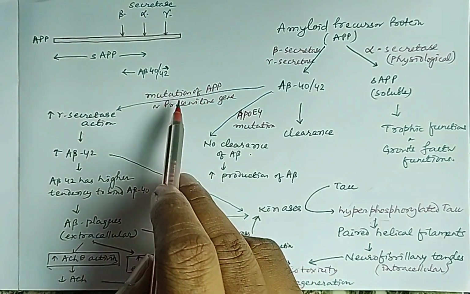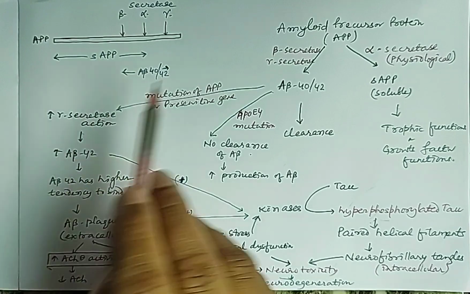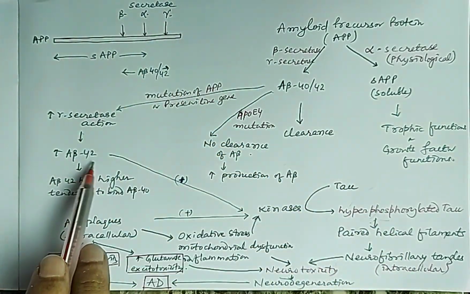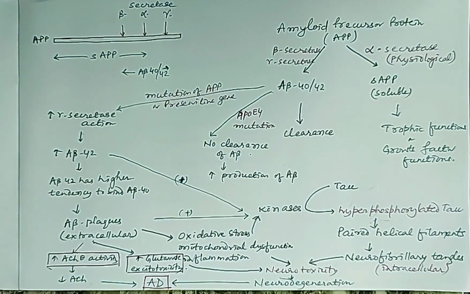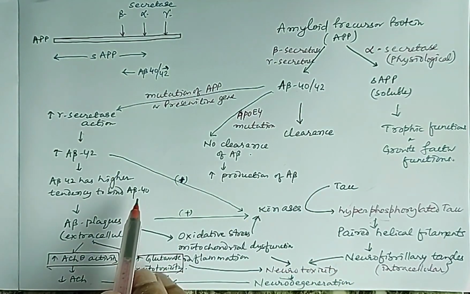And in case of mutation of amyloid precursor protein or presenilin gene, there is increased gamma secretase action, which leads to increased amyloid beta 42, and this amyloid beta 42 has a higher tendency to bind with amyloid beta 40.